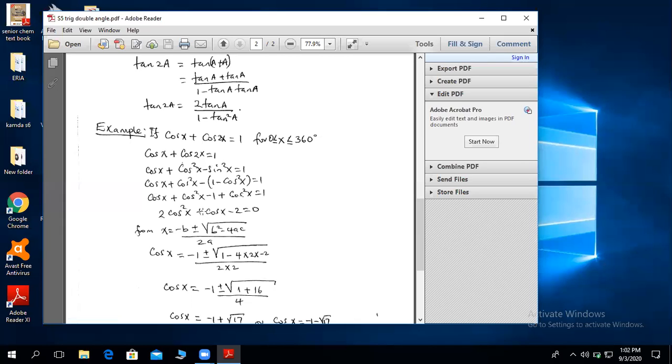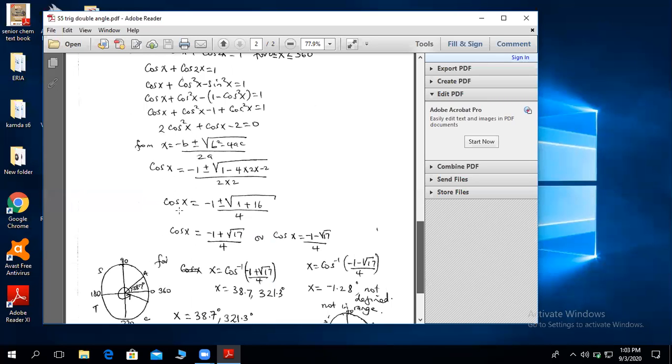Remember my b is 1, so it is negative 1 plus or minus root of b squared, which is 1 still, minus 4ac. My a is 2, and my c is negative 2. This is mathematics, and I think you have no problem with it. Out of 2a, 2 times 2. A is 2, and we have our thing like that.